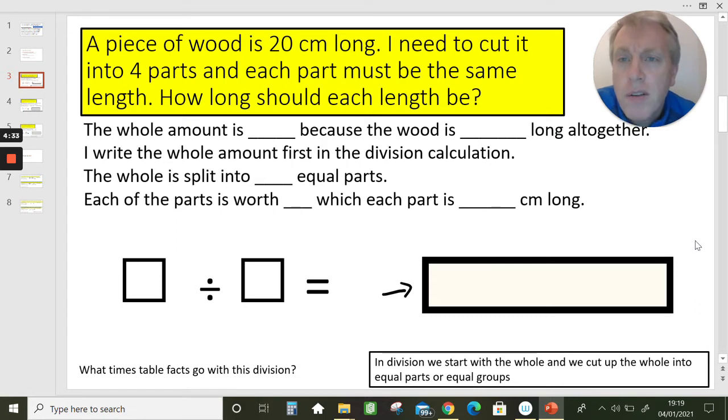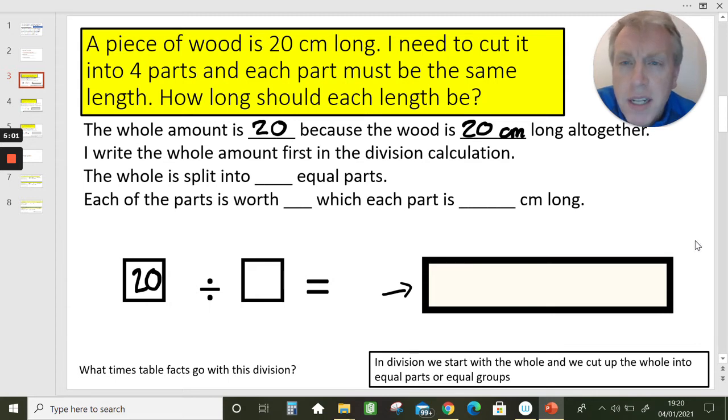The whole amount is 20 centimetres because the wood is 20 centimetres long altogether. So the whole amount is 20 centimetres. And I know that in dividing, I start with the whole amount. So it's 20. I write the whole amount first in the division calculation. The whole comes first.